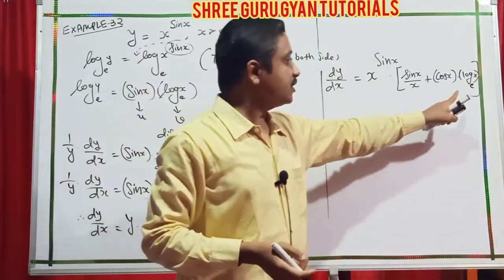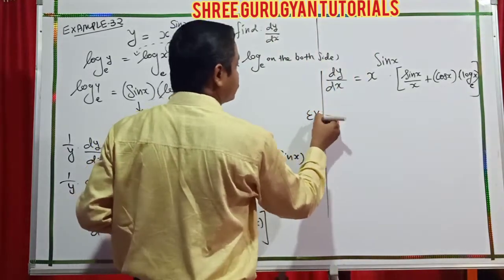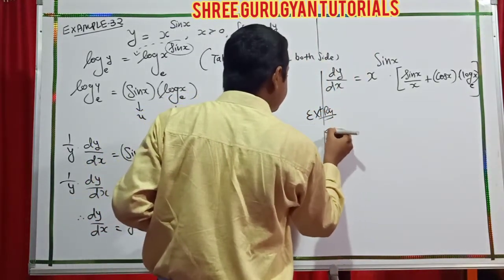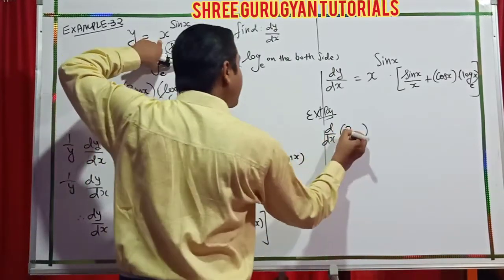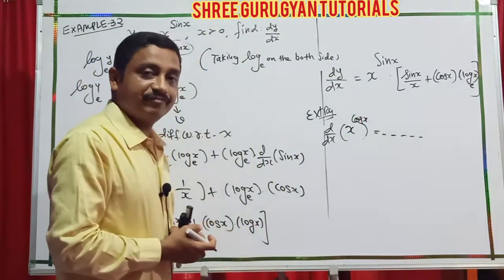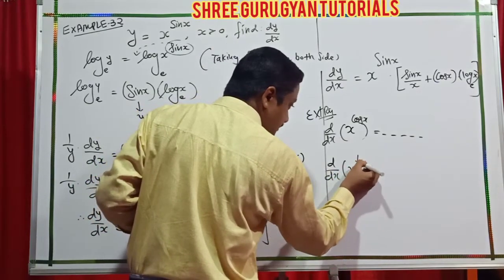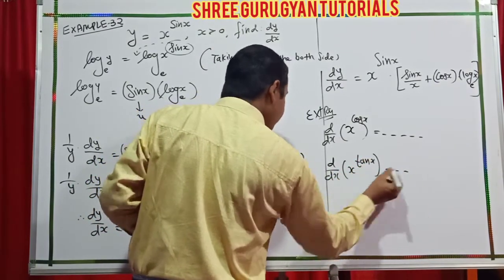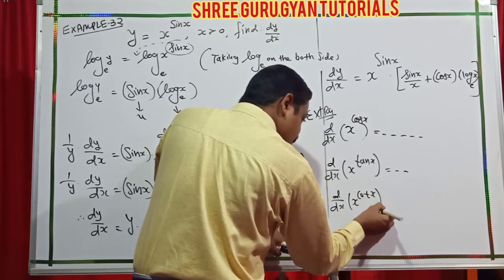Now, up to that, students, over. For better practice, try the same numerical as an extra. ddx of x raised to sin x, here we applied cos x. You try it yourself: the same as ddx of x raised to tan x, ddx of x raised to cot x.